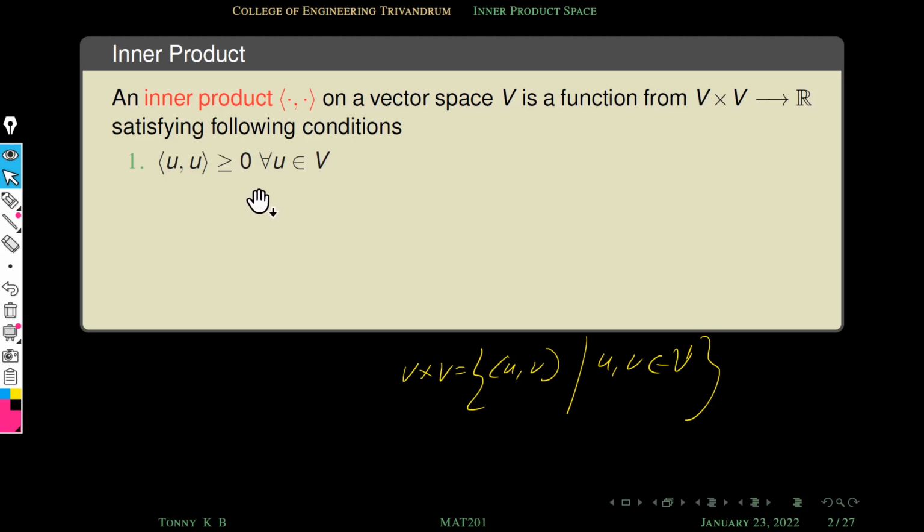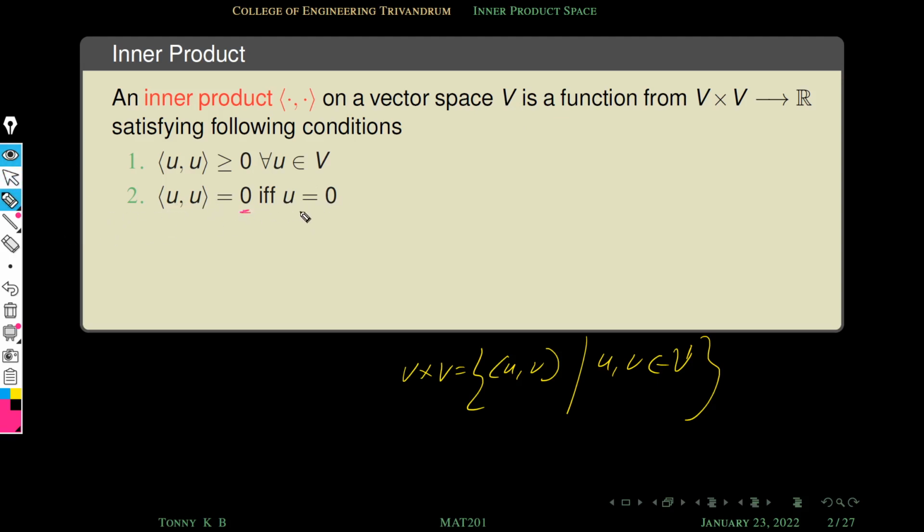The second property: the inner product of (u, u) is equal to 0 if and only if u equals 0. That means if the inner product of (u, u) is 0, then the vector u should be 0. Conversely, if the vector is 0, that is the zero vector from capital V, and every vector space has a zero vector, then their inner product equals 0.